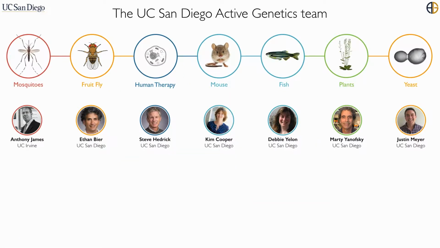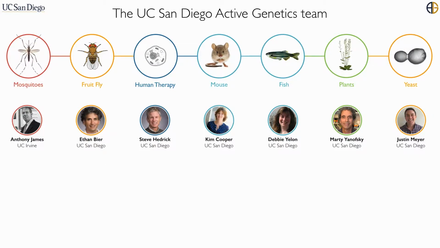And we went from the fruit fly to the obvious partner, the mosquito, in which there is a very, very obvious application of this technology for population modification that Ethan's going to talk to you about, in collaboration with Tony James.